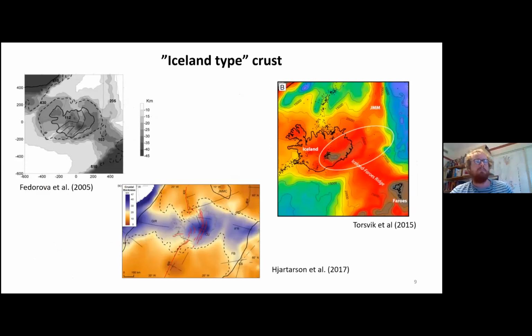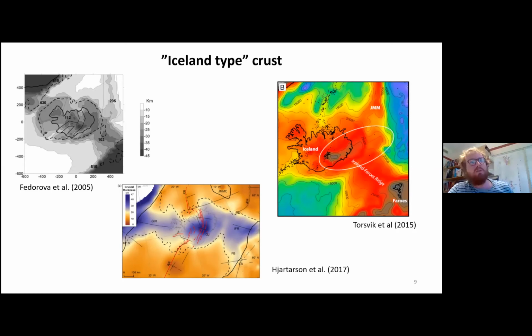And I think these are actually gravity density models using a priori data from seismic constraints to really illustrate this.